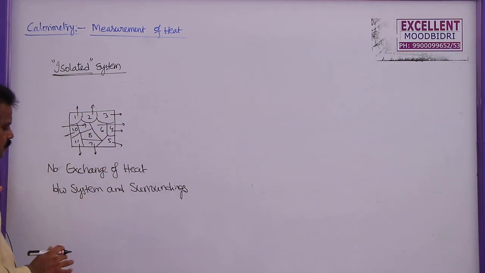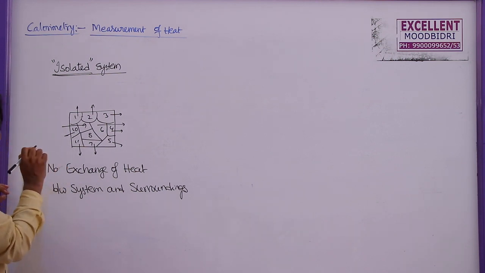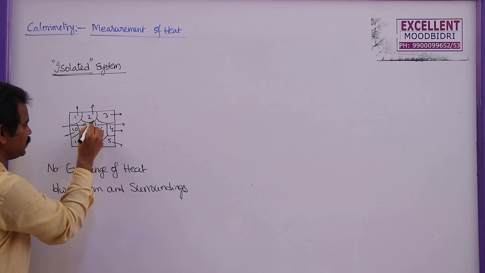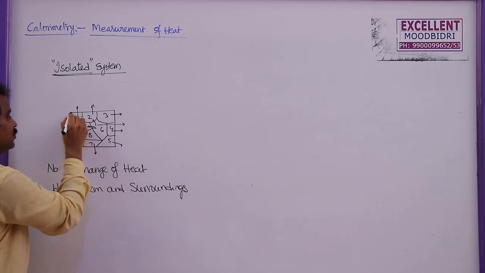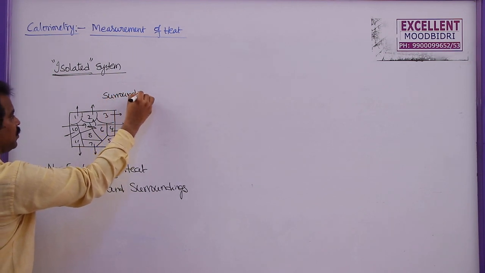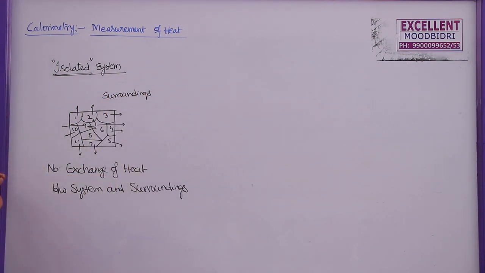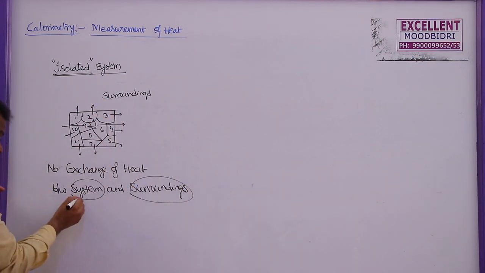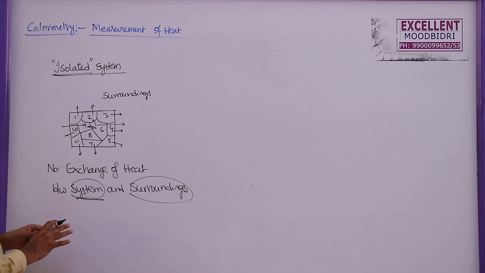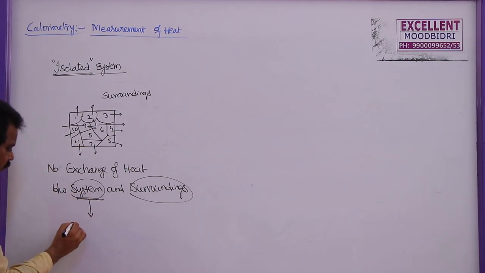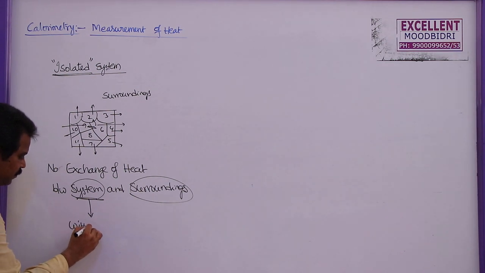But within the isolated system also, there may be exchange of heat between internal parts. This may take place, but no exchange between the system and the surroundings. These are the surroundings, that is nothing but atmosphere only. No exchange between system and surroundings, but within the system exchange may take place. Generally, the heat exchange takes place within the system.